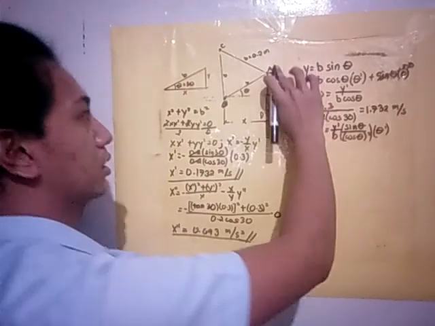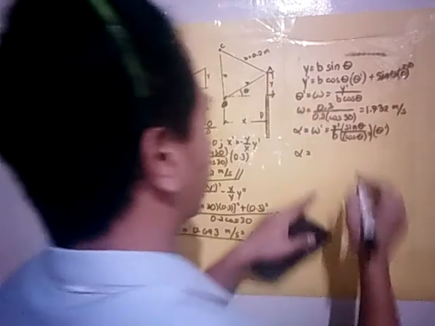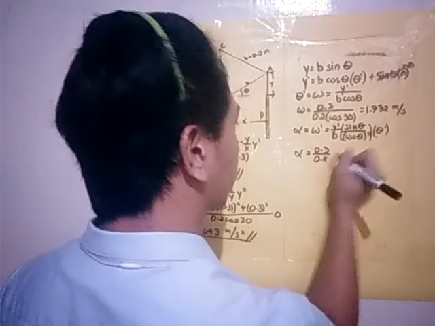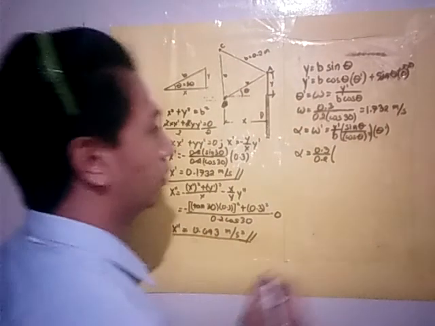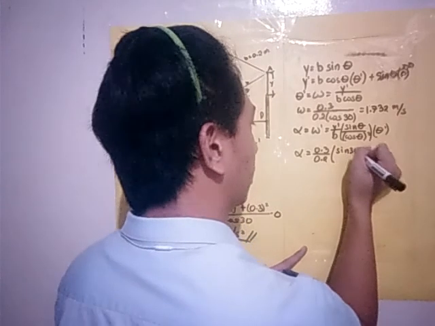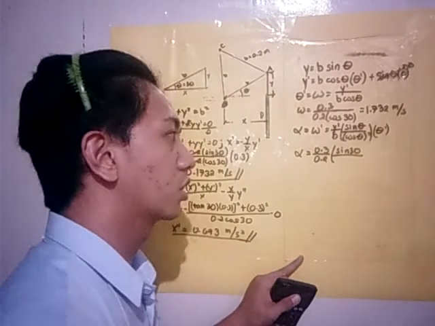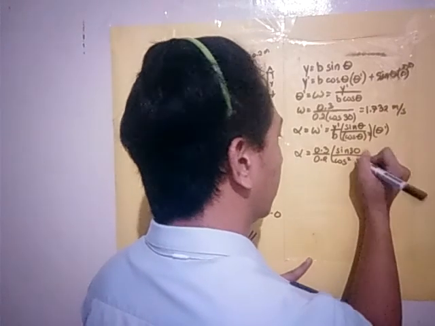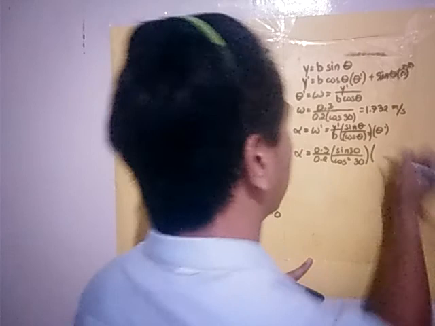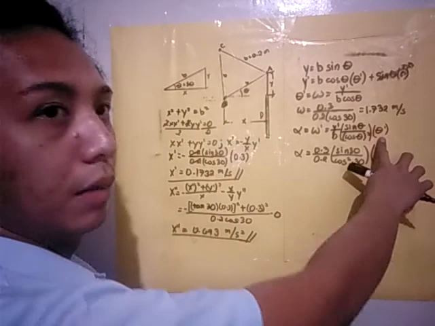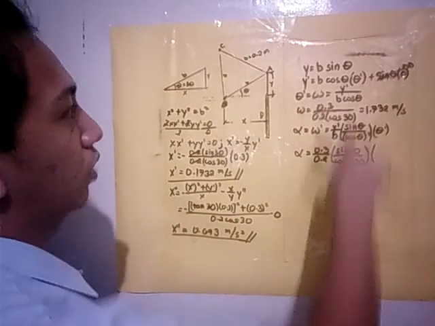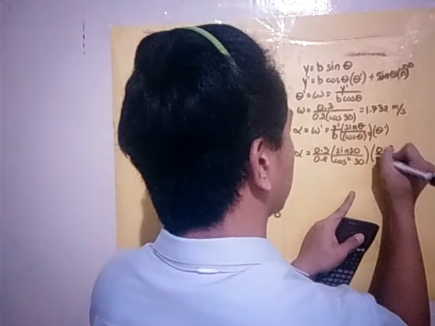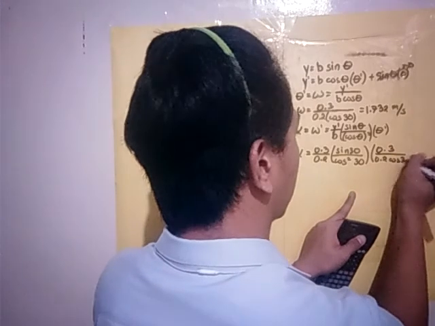Our y prime is our velocity at point A, so 0.3 divided by b, which is 0.2, times sine theta, which is sine 30 degrees, divided by cosine theta squared, so cosine square 30, multiplied by our theta prime, which is this one, y prime over b cosine theta. So it is 0.3 all over 0.2 cosine 30 degrees.